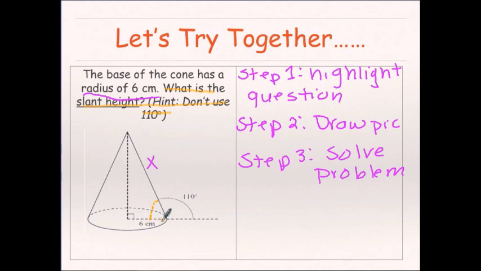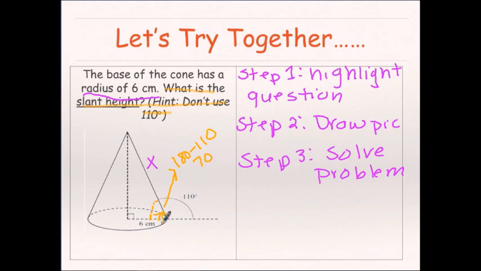So right here, to get that angle, I do 180 minus 110, which is going to give me 70. So this little piece right here is 70 degrees. So I'm going to write 70 here.